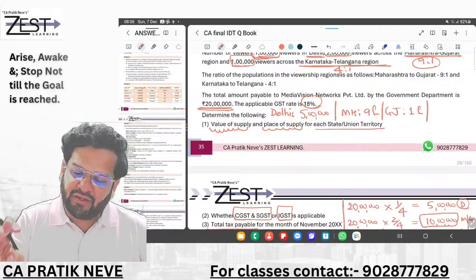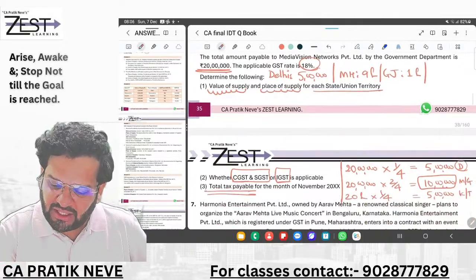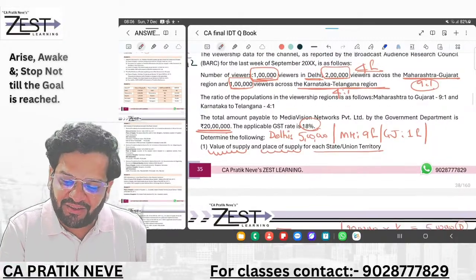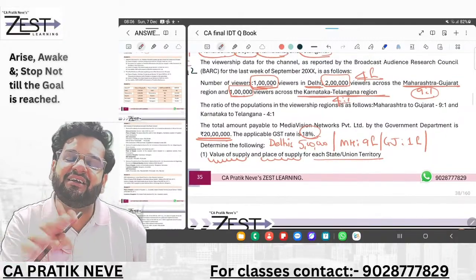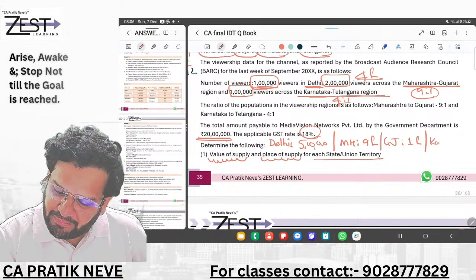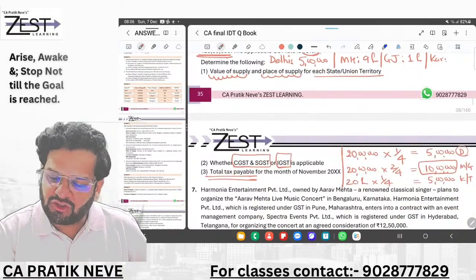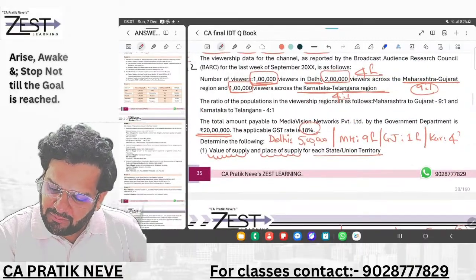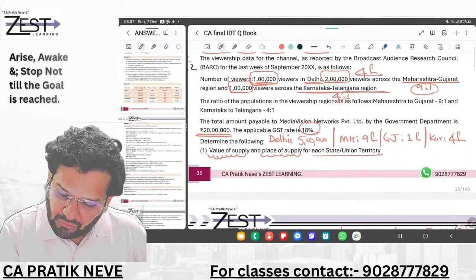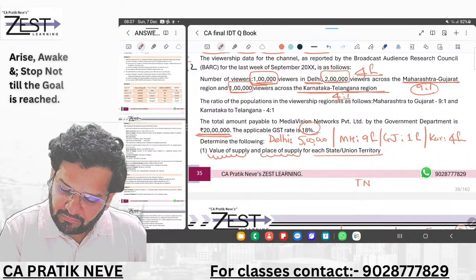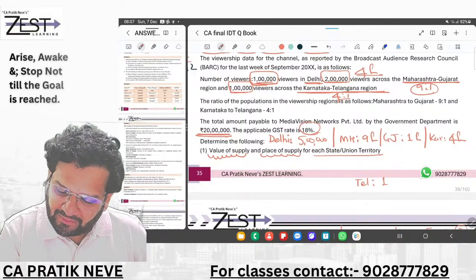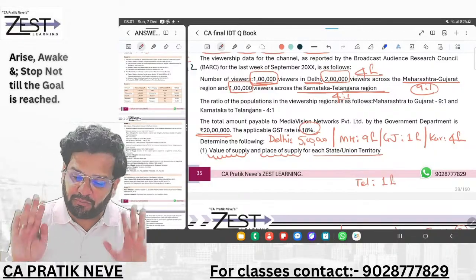Okay, so Delhi fixed, Maharashtra fixed, Gujarat fixed. Please now fix between Karnataka and Telangana. Between Karnataka and Telangana, it is 4:1. So Karnataka will be, overall was 5 lakhs, so Karnataka will be 4 lakh and Telangana will be 1 lakh. So just doing in proportion.